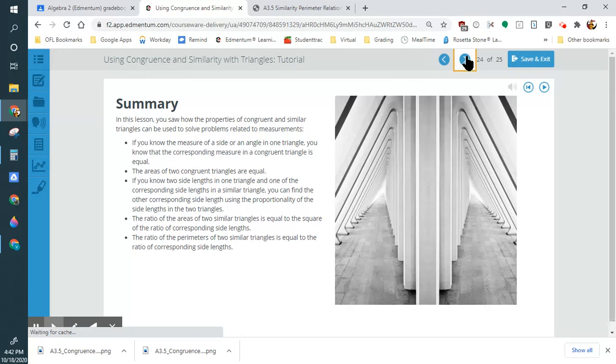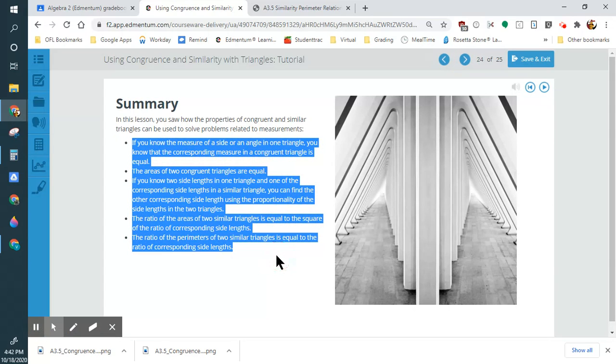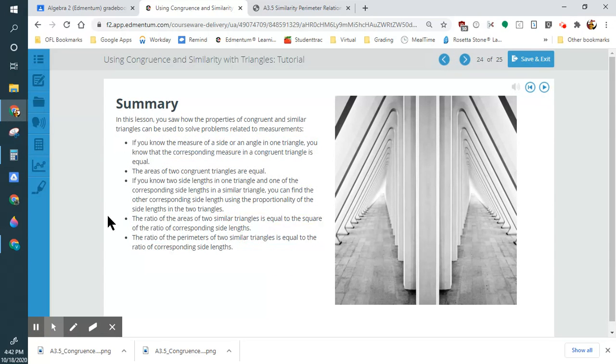All right. And then remember to study your summary, guys, about proportionalities and ratios. The most important one, I think, is the one about areas. That one I think is harder because the ratio of areas is going to be, I want new over old.